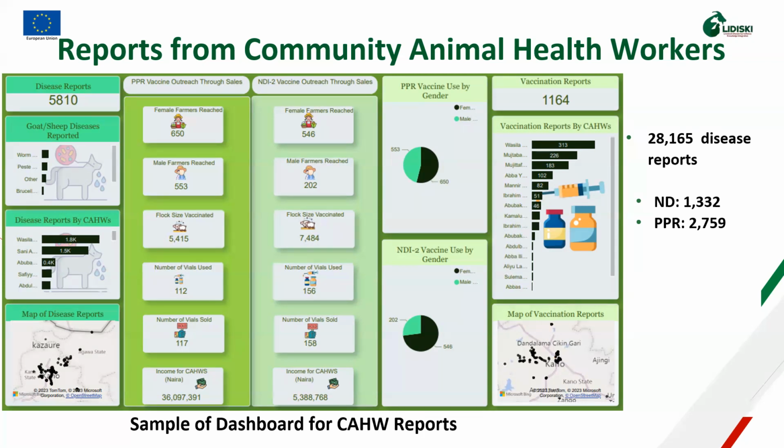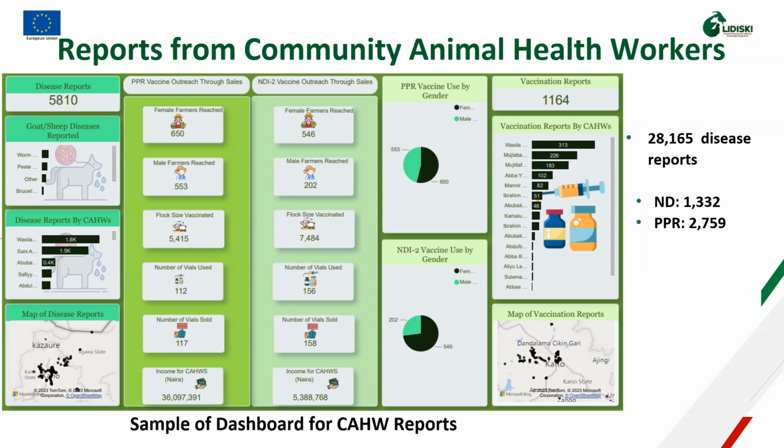It also tells you the number of community animal health workers making use of the vaccine and the type of vaccine they are using. And then it shows you the map of where the vaccination is taking place.